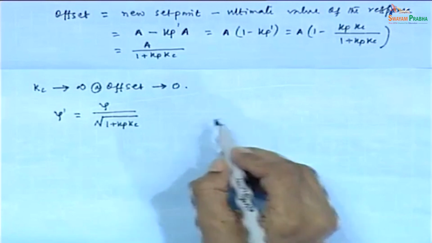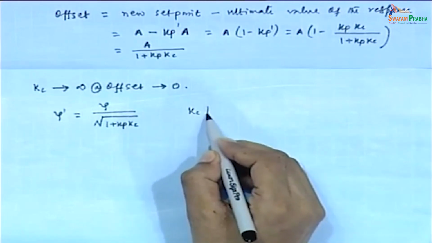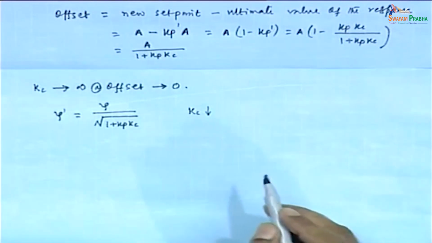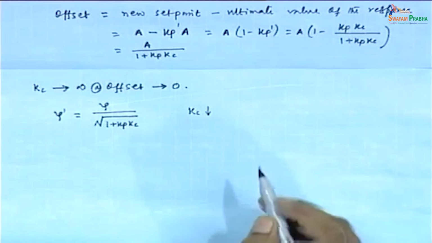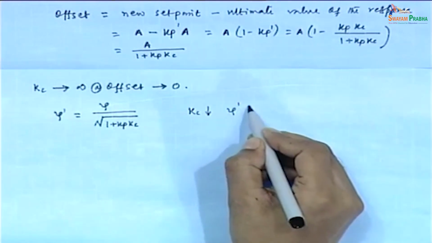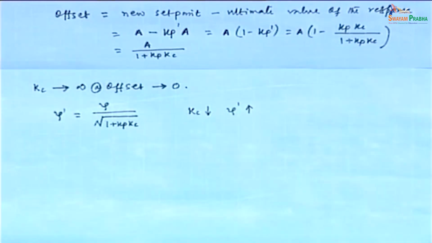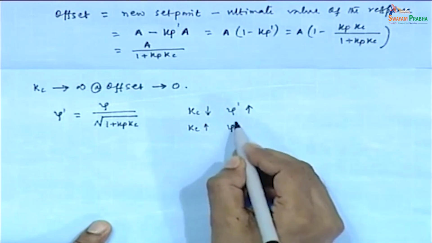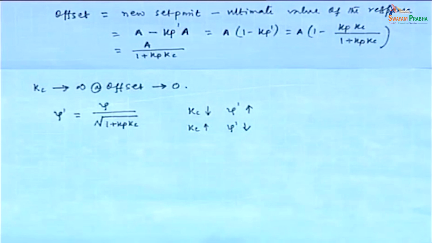So with the decrease of Kc, zeta prime increases. Agree? So with the increase of Kc, zeta prime decreases.